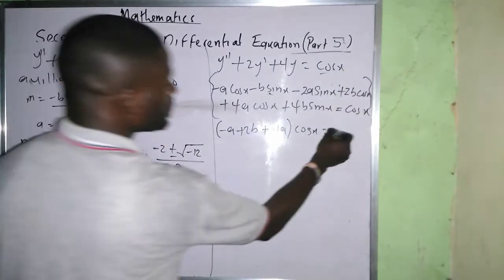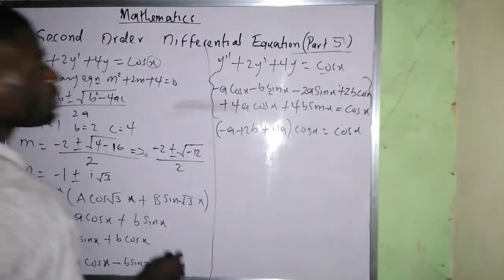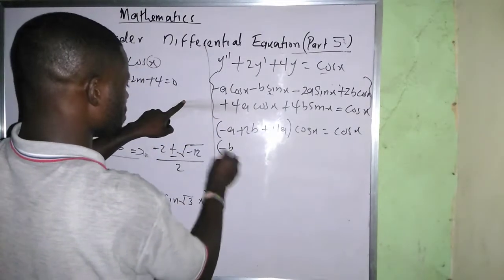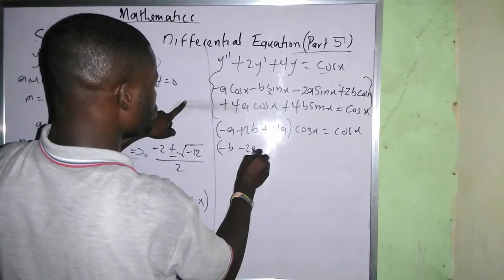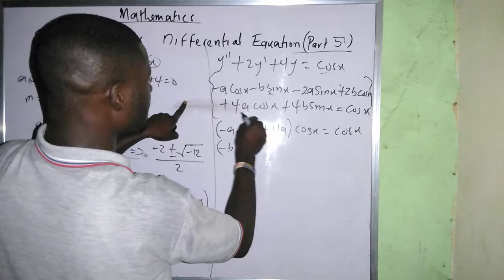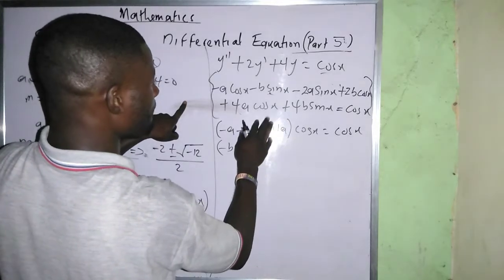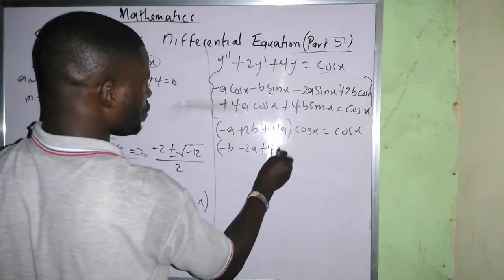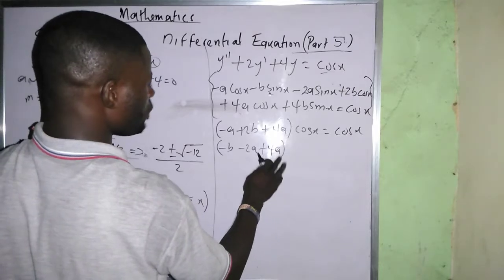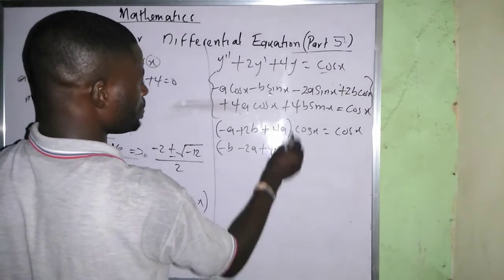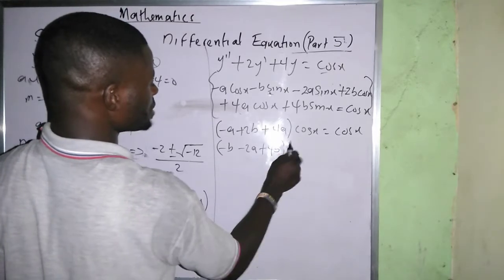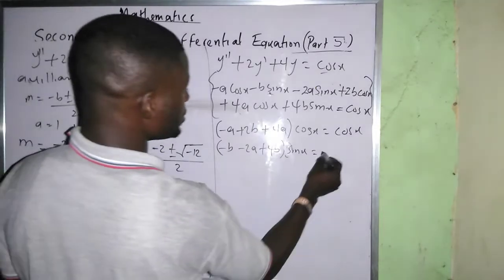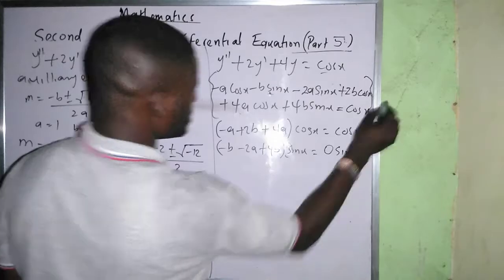Now, I'm comparing the coefficient of cos x. I will also move on to the terms that have sine: minus B minus 2A plus 4B, bracket of sine x, equals 0 sine x.